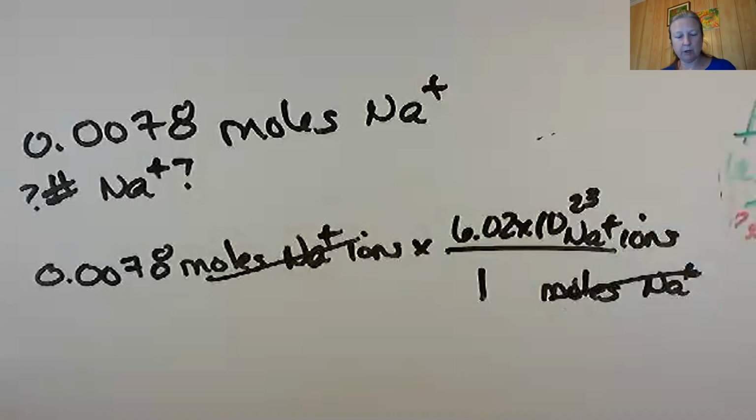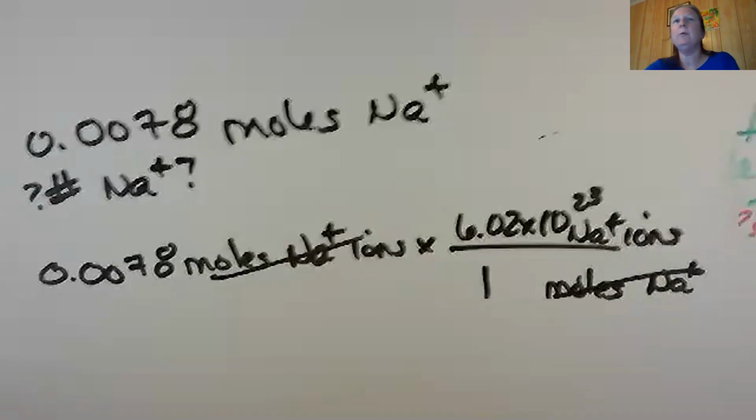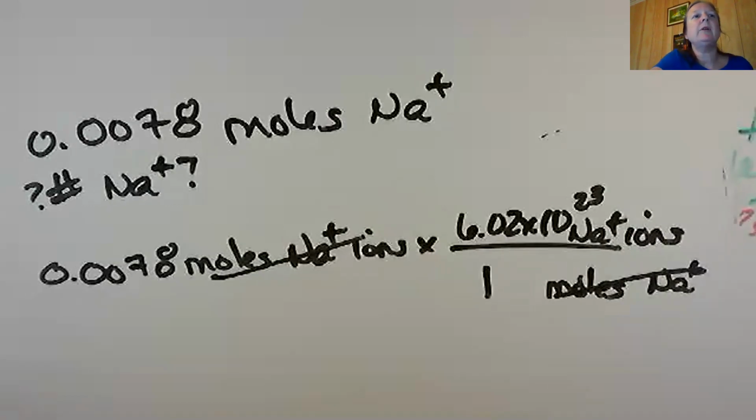I guess I should get a regular old calculator here. So 0.0078 times 6.02. All right. Told you, new phone. I have to set it up as a scientific calculator. Let's just go to the one on the computer. 0.0078 times 6.02.